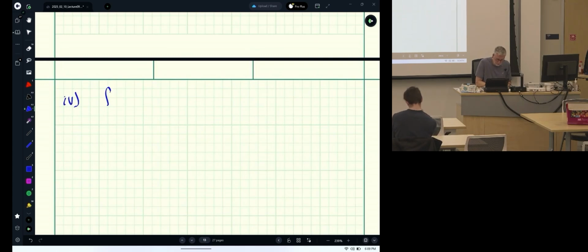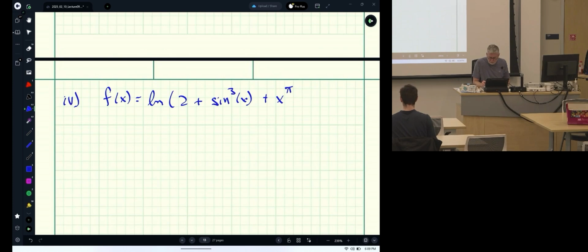Now I'm going to give you one and have you do it as quickly as you can. Logarithm of 2 plus sine cubed of x plus x to the power pi. Okay? See what you can get, Jason and Zoe and James.